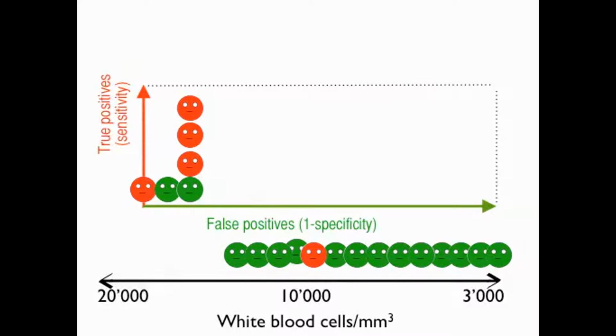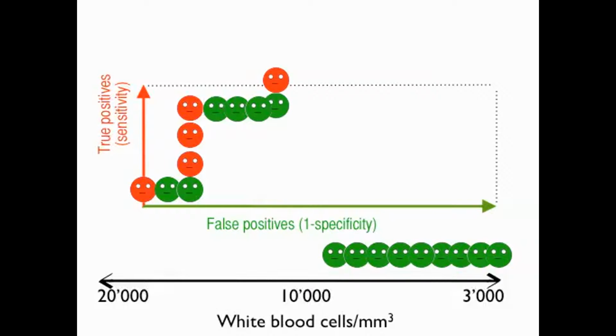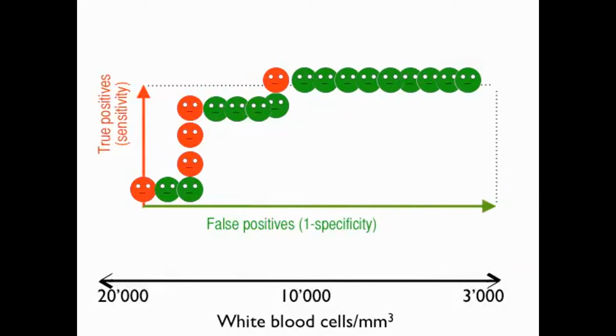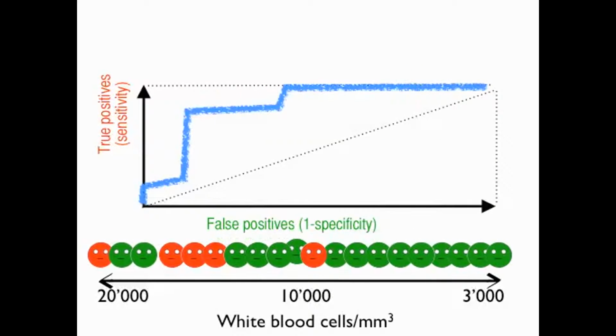Imagine these 3 going up, these 4 going right, and so forth. We will obtain this figure, this curve, which is called the ROC curve. And below and to the right of this curve, there is an area which is called the area under the ROC curve.